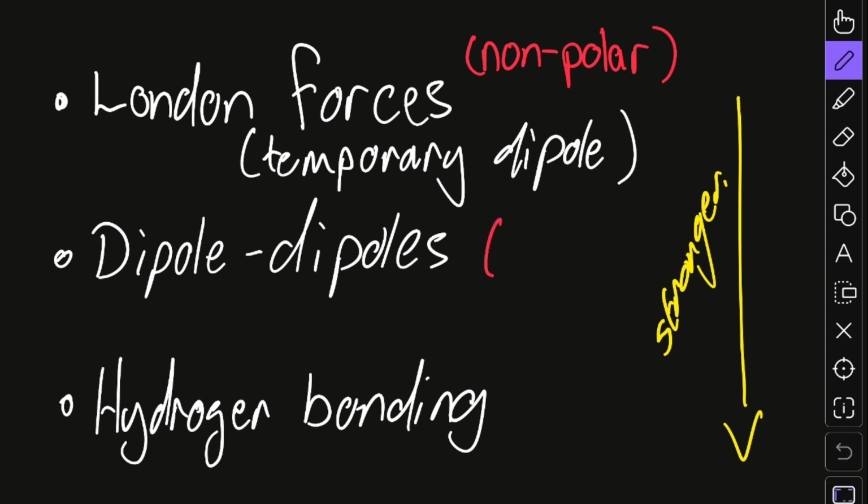Dipole-dipole, all polar compounds will have dipole-dipole. Now, that's really nice. It's a really nice way of telling what type of intermolecular forces you've got. You will always have London forces on all molecules, but they are very, very weak. Dipole-dipole are slightly stronger, and only polar compounds can have those.